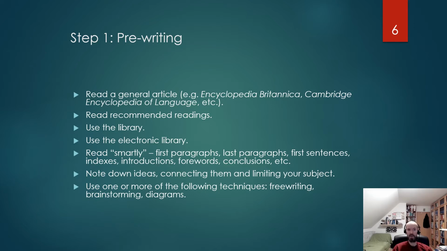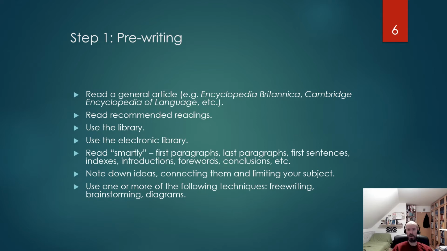You could start by reading a general article in an encyclopedia, for instance, the Encyclopedia Britannica. Read recommended readings recommended by your lecturer or professor. Use the library, of course, use the electronic library. And what's very important, and even advanced writers tend to forget this, is to read smartly.